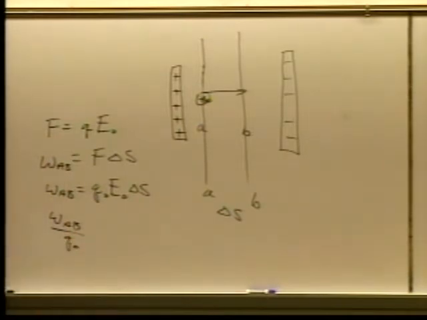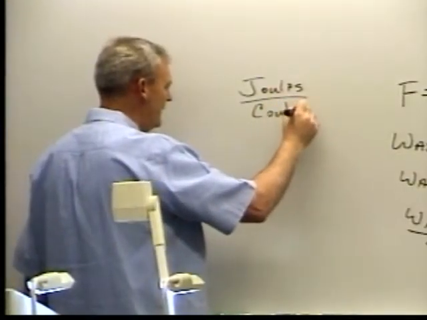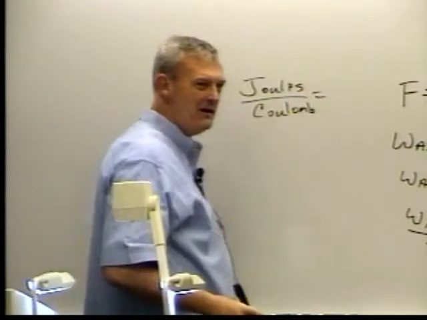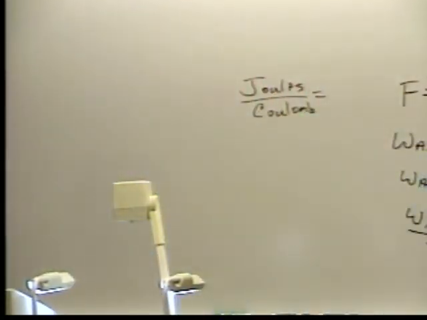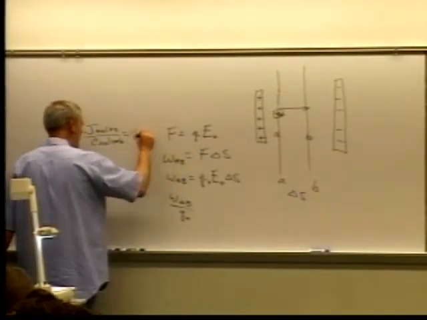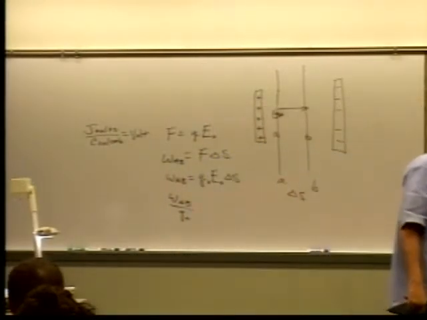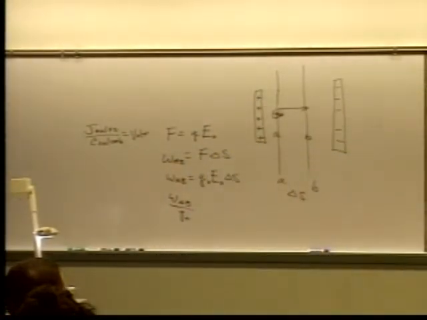In other words, we're dividing by joules per coulomb. Anybody remember what we call a joules per coulomb? A volt, exactly. This is a volt. Now, engineers like to use the word voltage. Physicists and other scientists like to use the word potential. Okay? It's a potential difference.